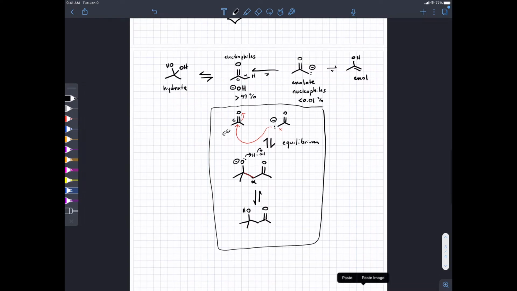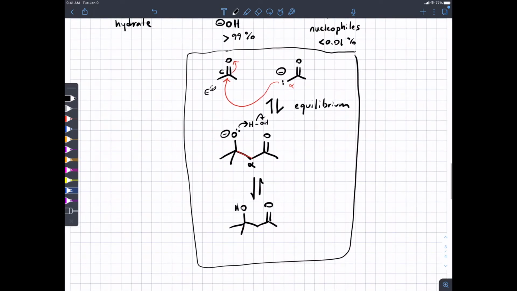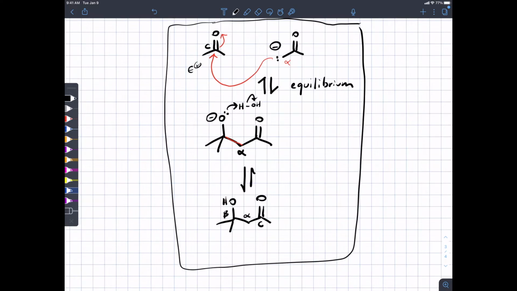And this product, if we want to classify it, is both a ketone and an alcohol. We often call this, because the OH is on the beta carbon, a beta hydroxy carbonyl compound.